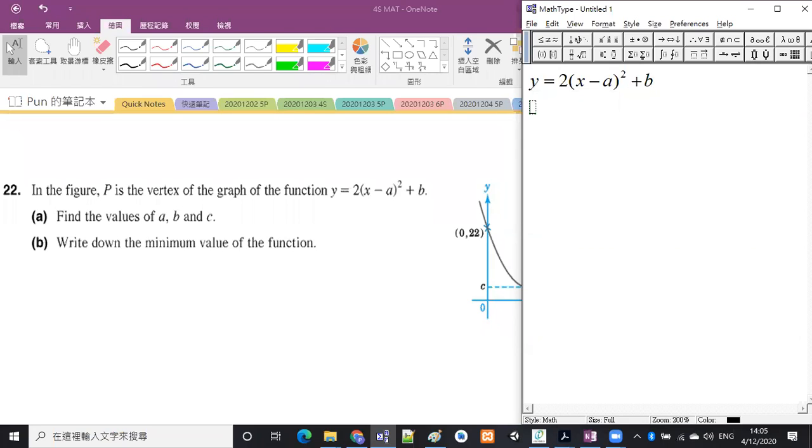In this case, the k is the constant term outside the bracket, that is the b. And the h value will be when you put x minus a equals 0, then you calculate the value of x, and x is equal to a, so our h value will be equal to a. Which means that the coordinates of the vertex is equal to (a, b). So that is the h value and the k value.